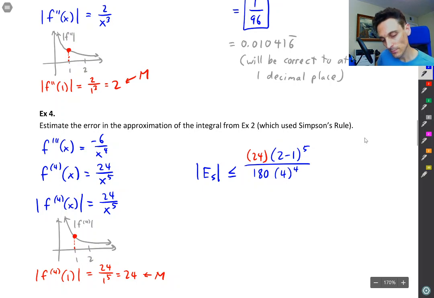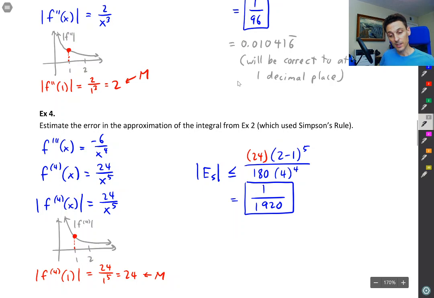So feeding all this in, we get 1 over 1,920, which is a much smaller fraction than 1 over 96. So Simpson's rule here is doing a lot better with 4 subintervals. Remember, 4 subintervals means actually 2 approximating units, 2 parabolas.